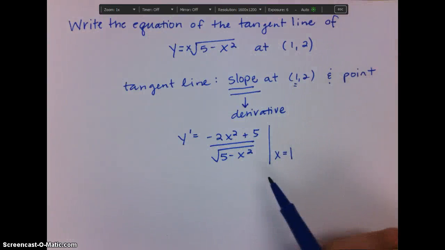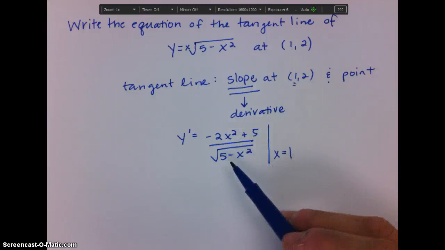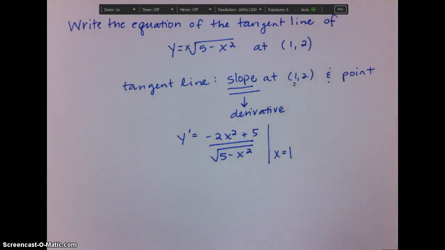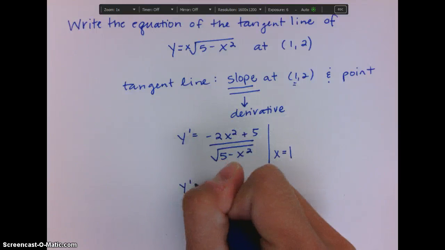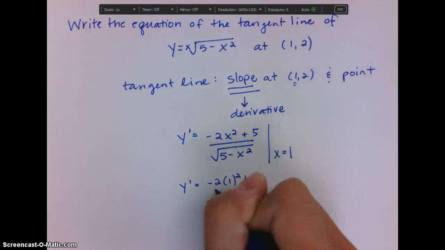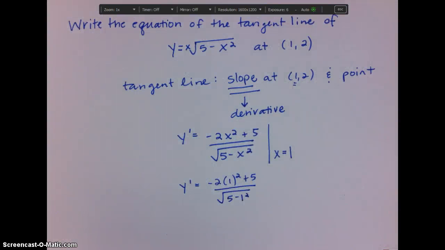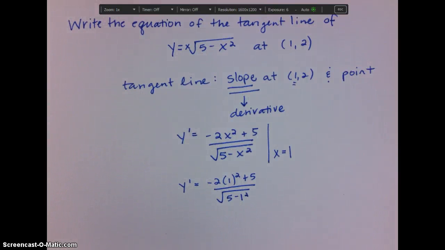This is a little notation that I don't think I've used yet, but that bar just means take this function and evaluate it at x equals 1. So I'm just plugging 1 into that function so that we can find specifically the slope at that point, as opposed to the regular derivative, which represents the slope at any point.